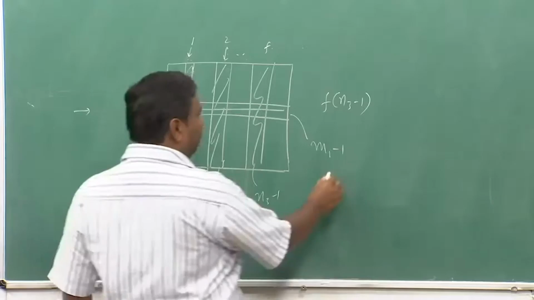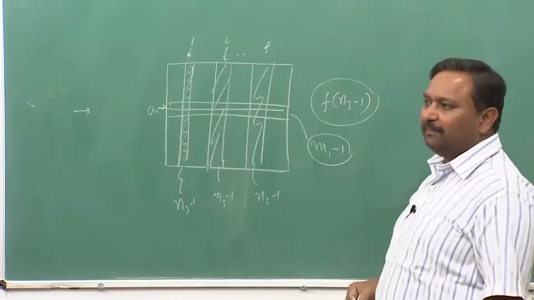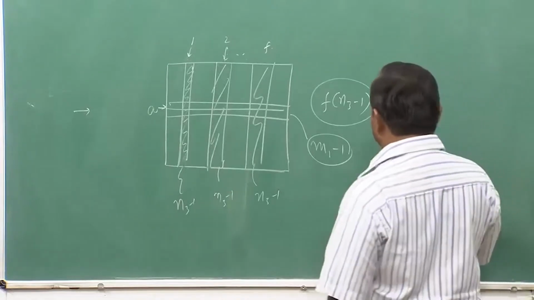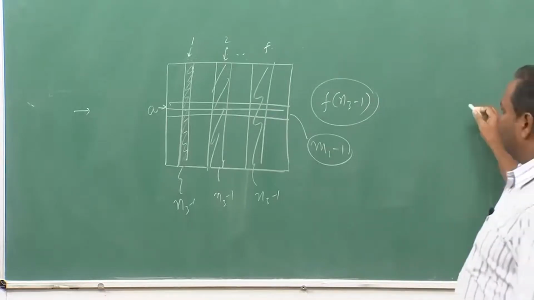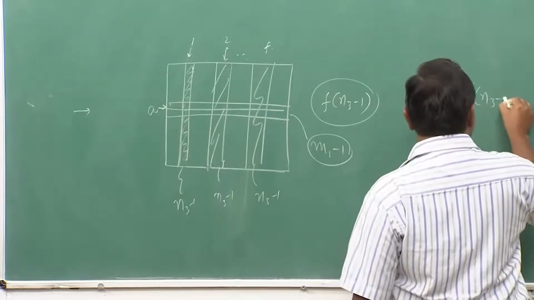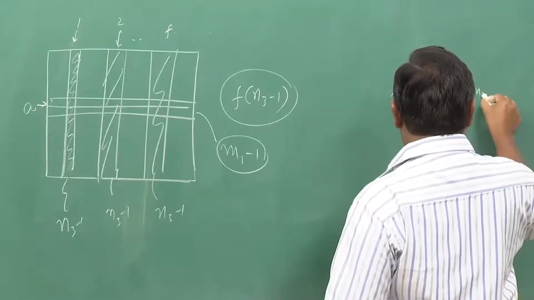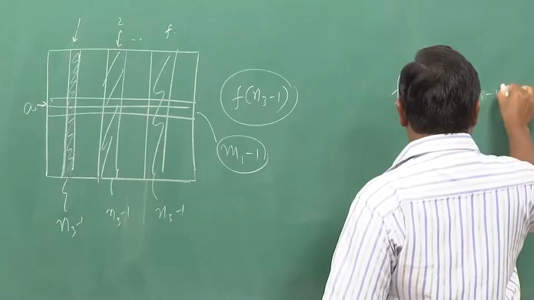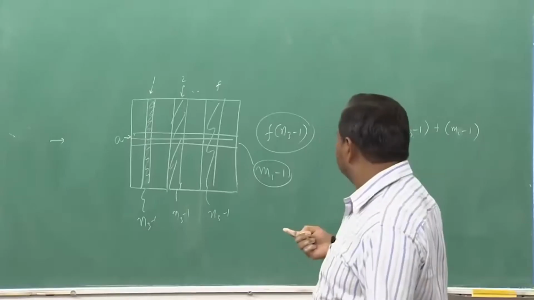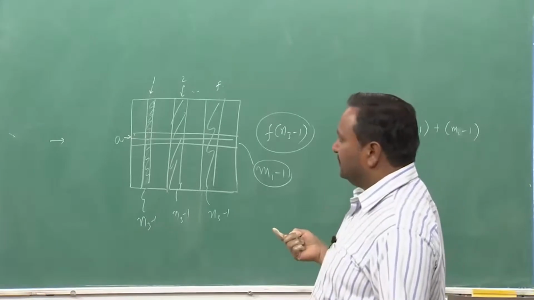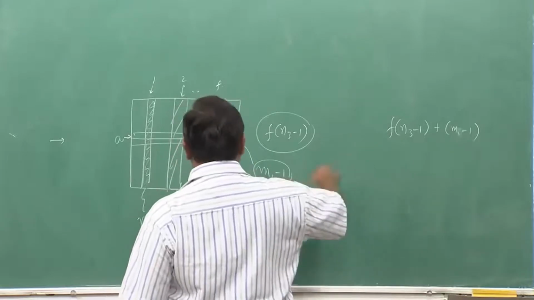So, if these m1 minus 1 elements and f into n3 minus 1 elements also do not have any overlap, in that case the total sum of the middle stage elements which have been occupied is f into n3 minus 1 plus m1 minus 1. But remember, I am talking about a f-way multicast. Okay. So, these many elements are already occupied.